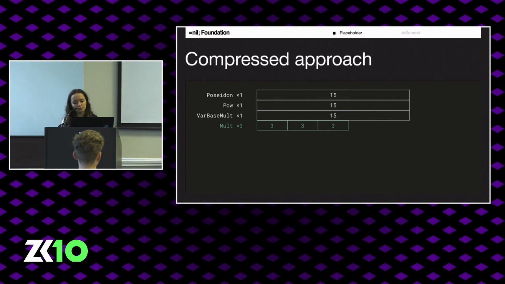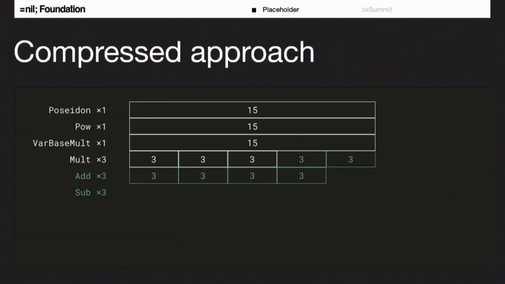We try to locate all multiplication into one row, also addition and subtraction. And look at this. On the second row, when we have addition, we have 12 columns and 3 columns, and it's not enough for inverse. So it would be the next row.